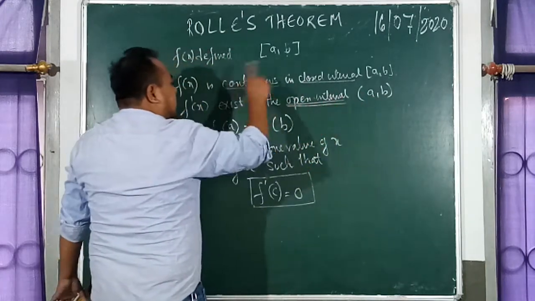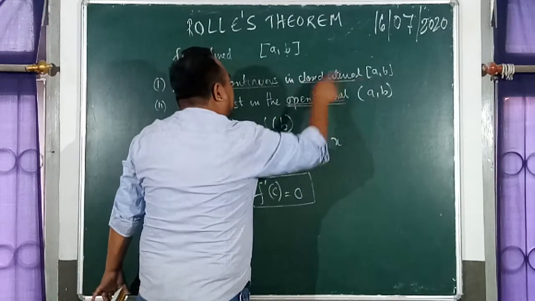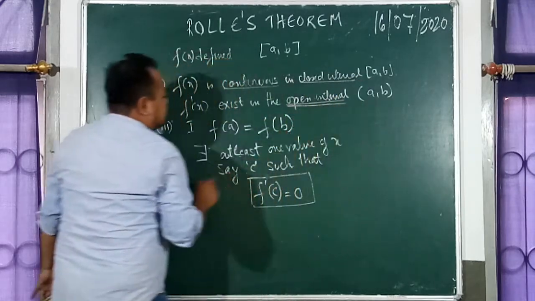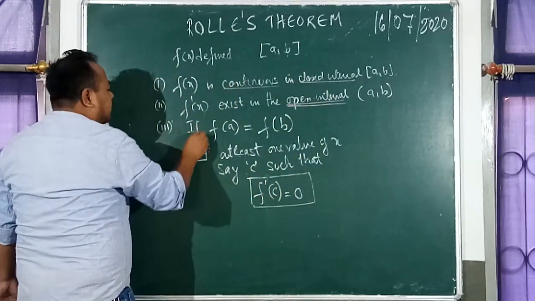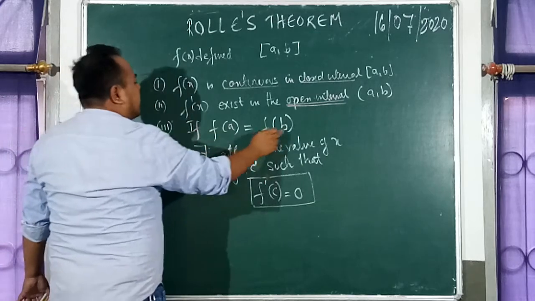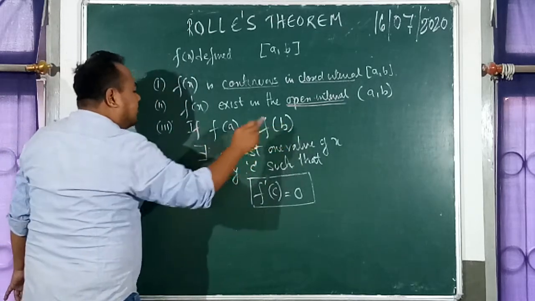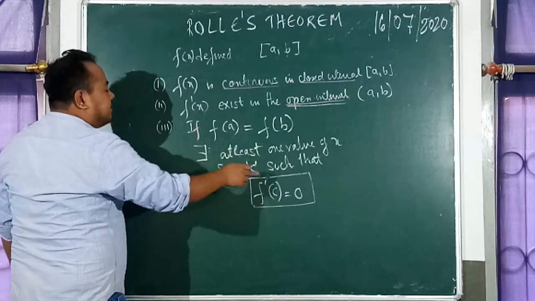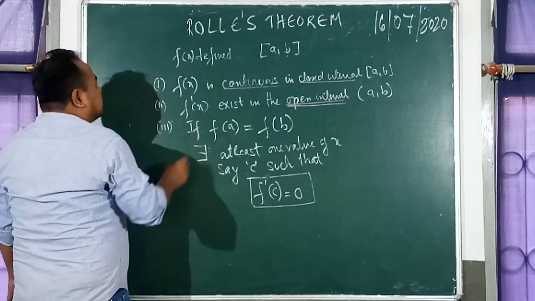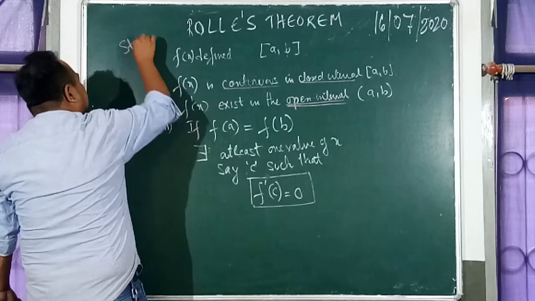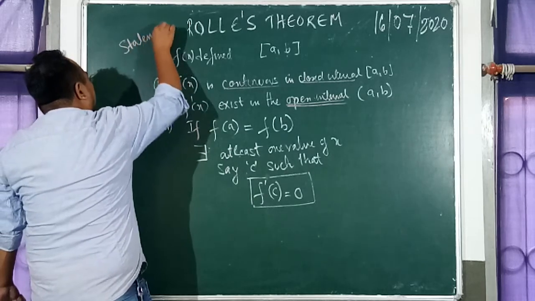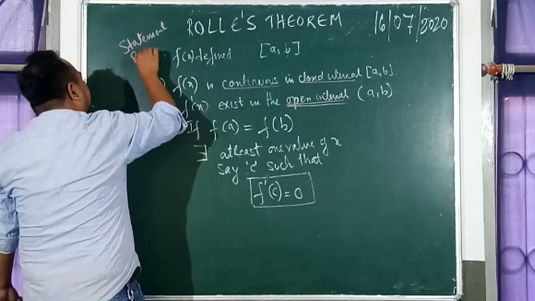Keep in mind continuity in the closed interval and differentiability in the open interval. And if f of a equal to f of b, then there exists at least one value of x, say c, such that f dash c equal to 0. So this is the statement of Rolle's theorem.